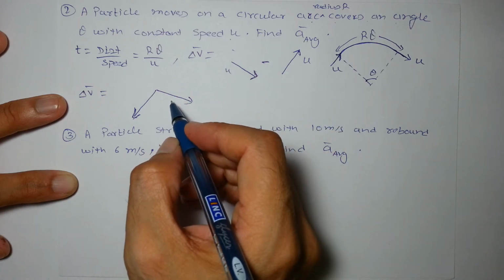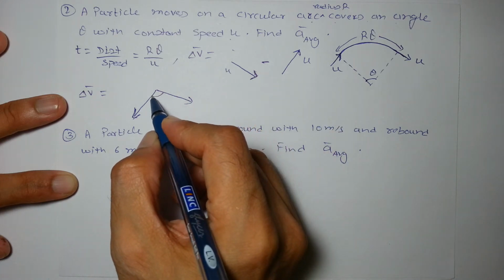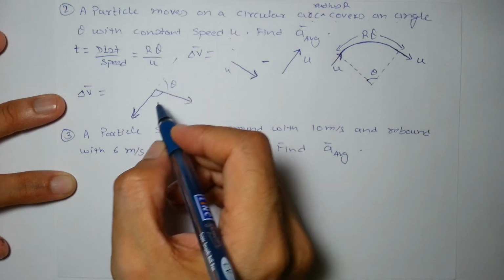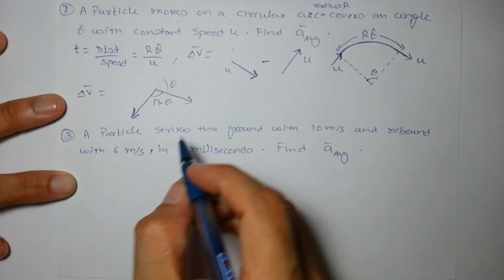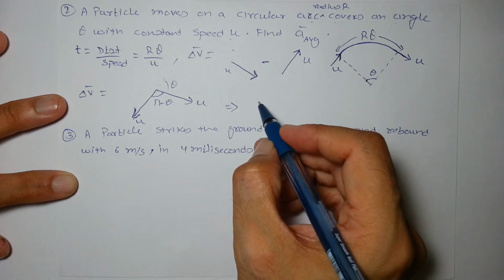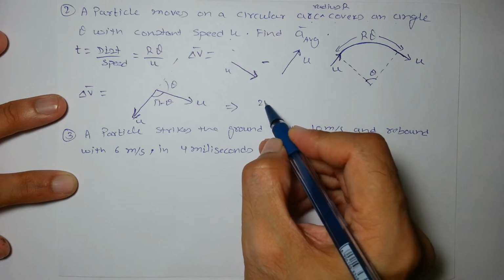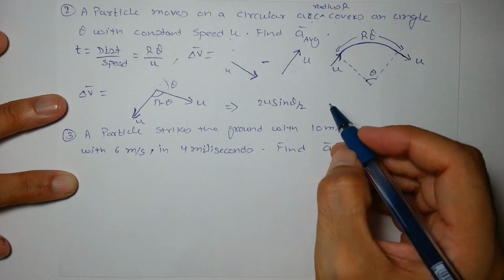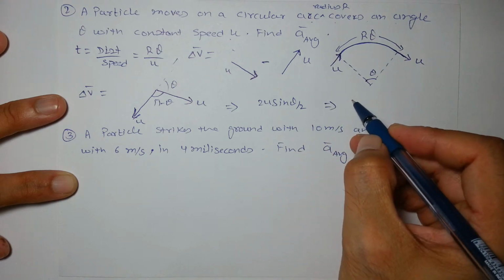The angle between these two vectors will be pi minus theta. Both have magnitude u, so the change in velocity will be 2u sine of theta by 2.